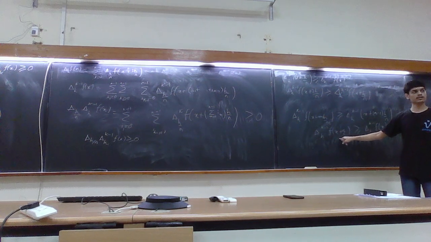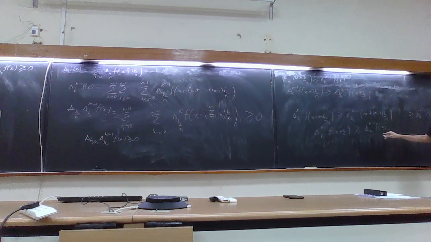So it gives you this, and this holds, right? So this is equivalent to saying that delta h epsilon delta h k minus 1 f of x is non-negative. Right. So this was the first lemma.